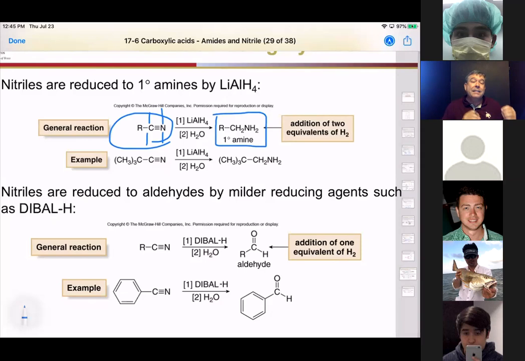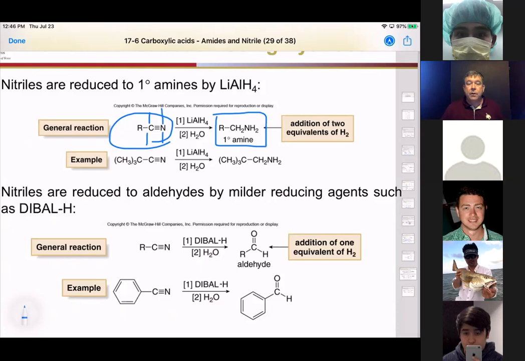but instead of generating the primary amine, it's going to stop at that carbonyl compound. Remember, DIBAL is one of those things we use to take an acid chloride down to an aldehyde. So it's going to do that same kind of selectivity, and our DIBAL is going to take our nitrile down to our aldehyde and stop at that position.